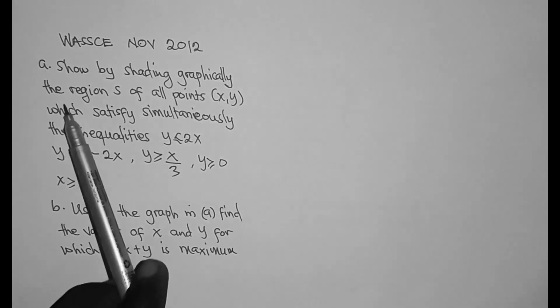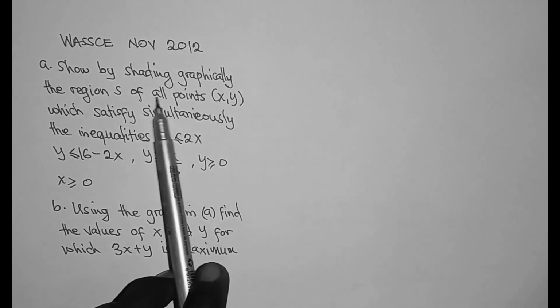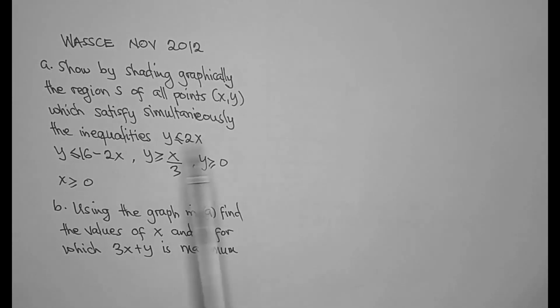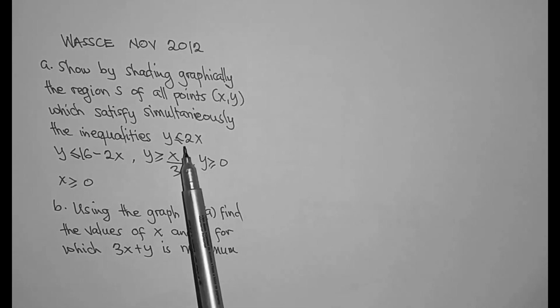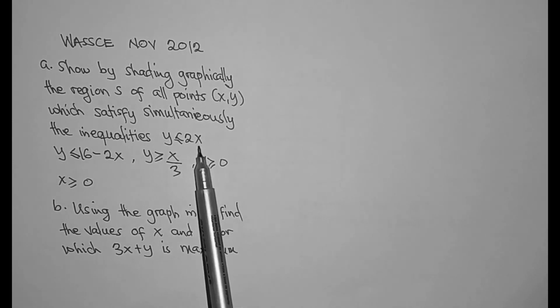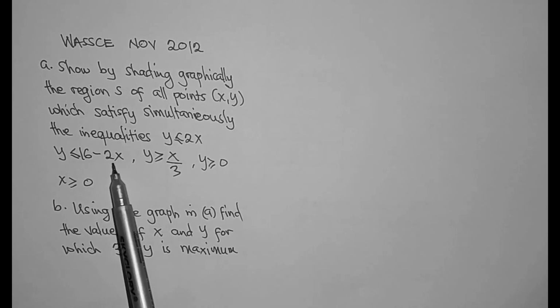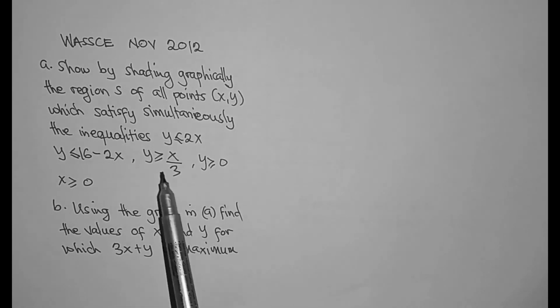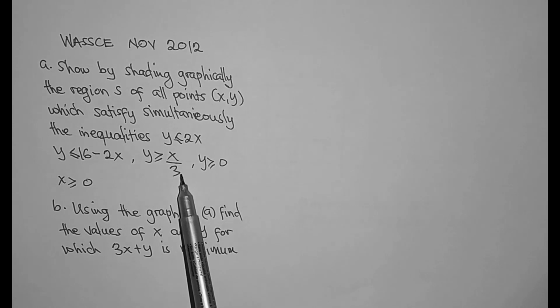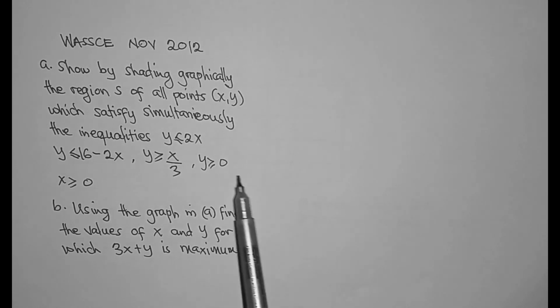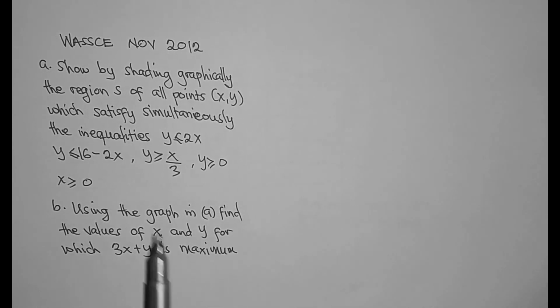Show by shading graphically the region S of all points x, y which satisfies simultaneously the inequalities y is less than or equal to 2x, and then y is less than or equal to 16 minus 2x, then y is greater or equal to x over 3, and y is greater or equal to 0, and x is greater or equal to 0.